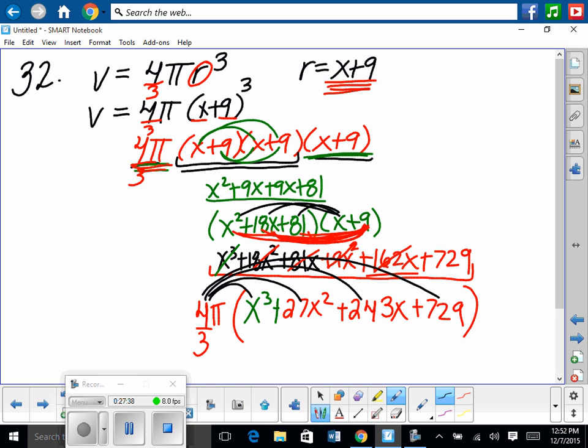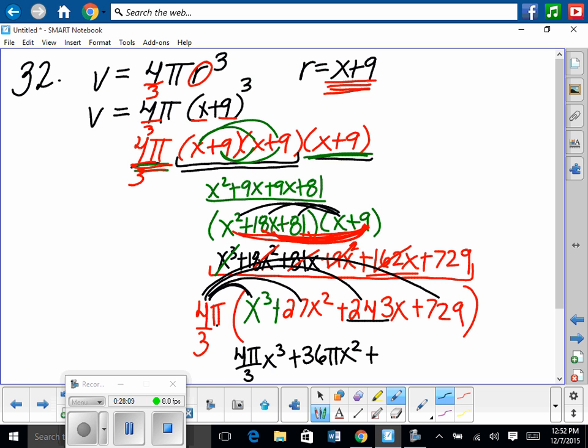So 4 pi thirds times x cubed is simply 4 pi thirds x cubed. That piece doesn't change. But now you'll do 27 times 4/3 pi x squared. If you do that, you get 36, and then we still have our pi, so 36 pi x squared. Then plus, we have 243 times 4/3 pi.